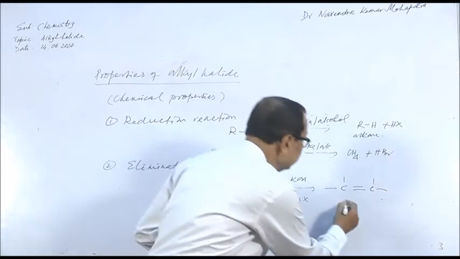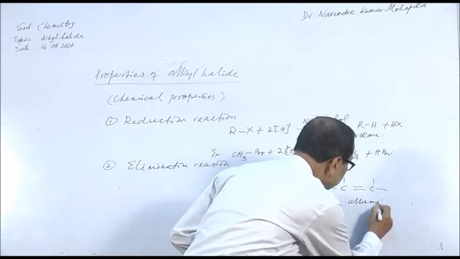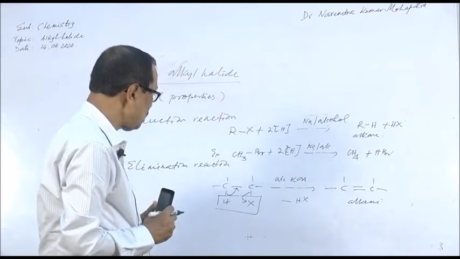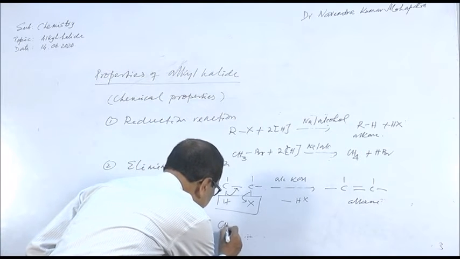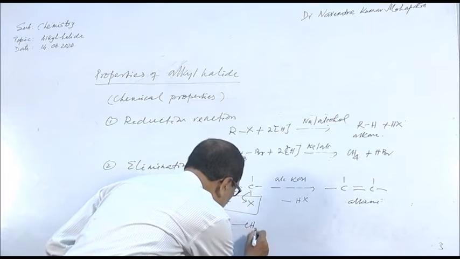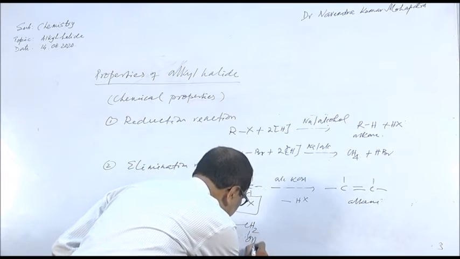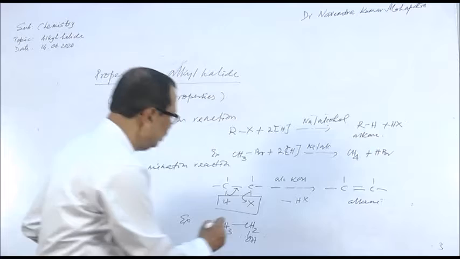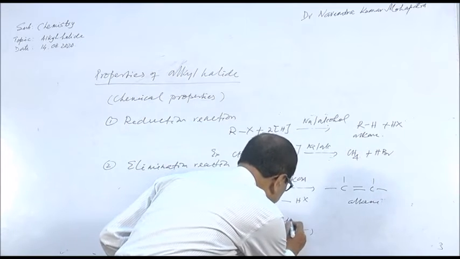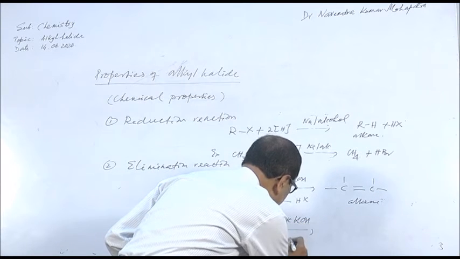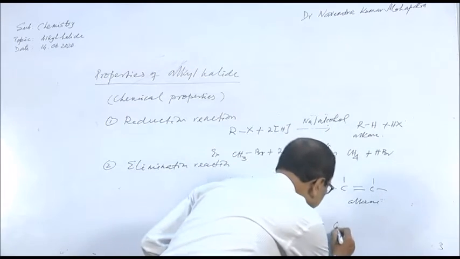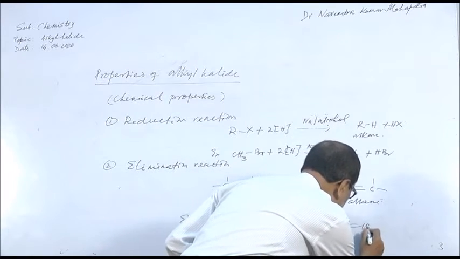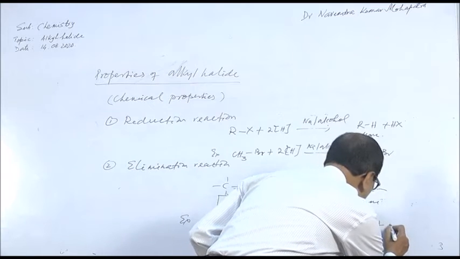So this is your alkene. This reaction is called elimination reaction. A particular example: CH3CH2 and so on.